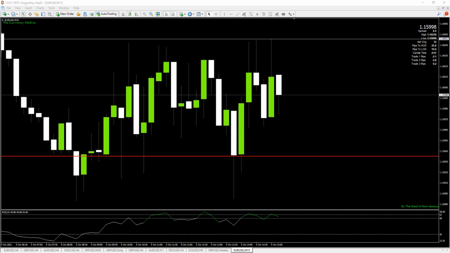So first you have to find 0. And that's just identified by, of course, the peak candle. So here's another one. Here's 0 again. So here's 0, here's a 0, here's a 0, and here's a 0.